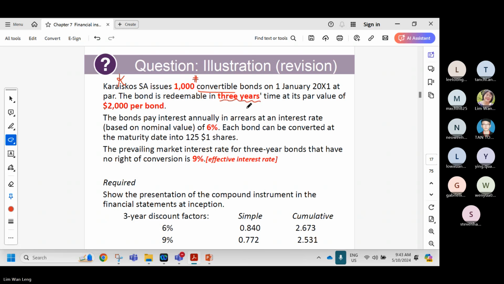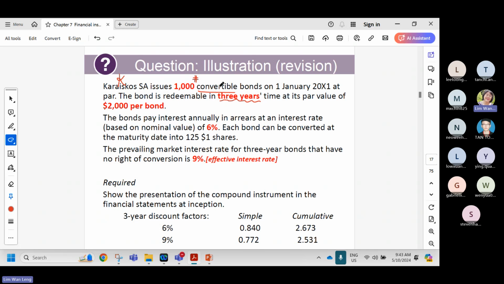So remember, since we know that the convertible bonds have components of liabilities and components of equities, and you also know that if it contains components of liability, it will have a fixed repayment time. So the fixed period is 3 years.